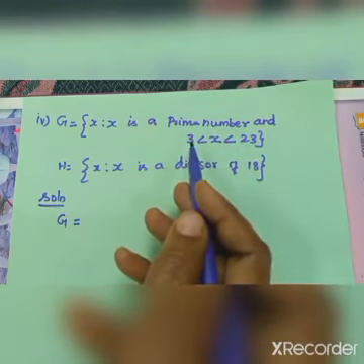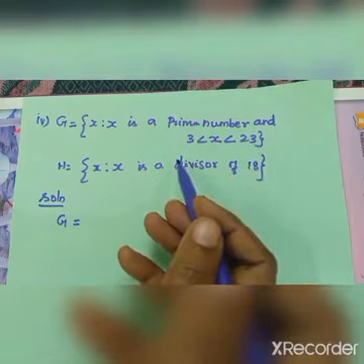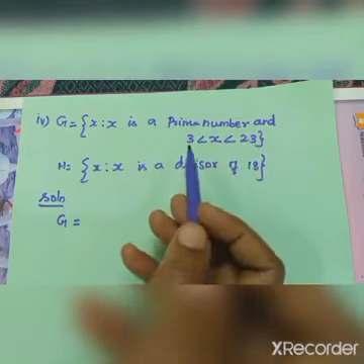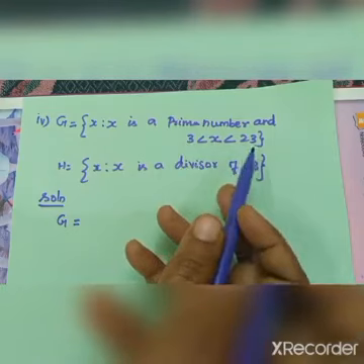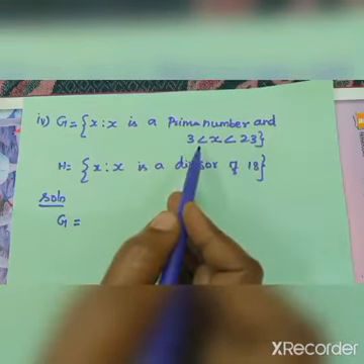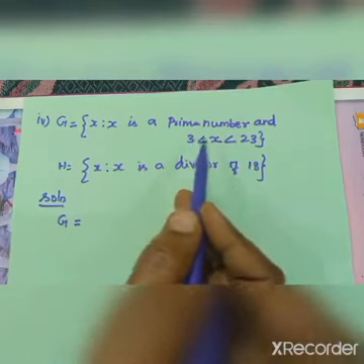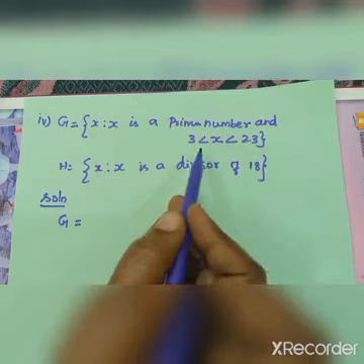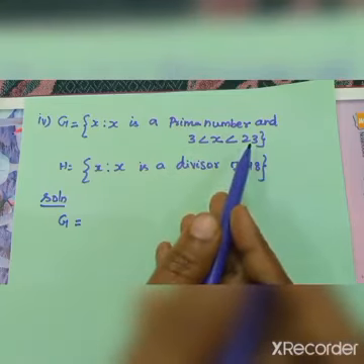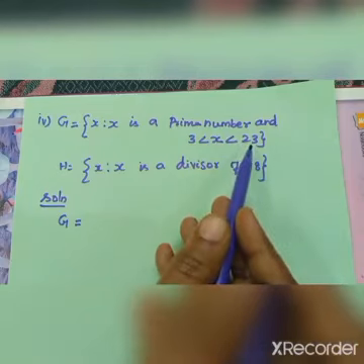In between 3 and 23, what are the prime numbers, that we have to write. 3 won't come, 23 also won't come. Why? Less than is given. If it were less than or equal to, 3 and 23 could be taken. Here less than is given, so 3 and 23 we should not take.